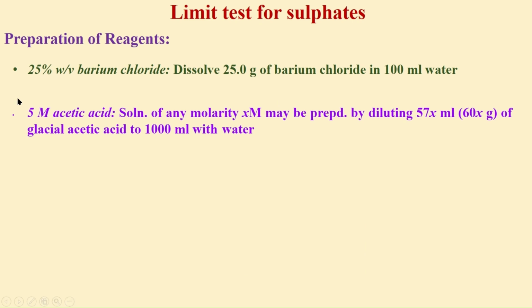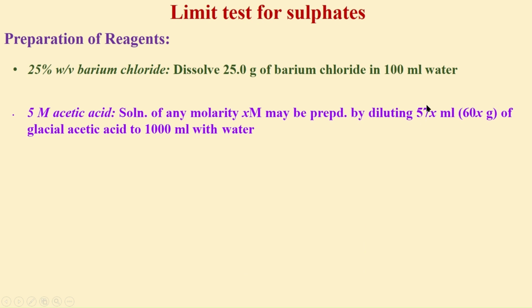How to prepare 5 molar acetic acid? Any molarity, X molar, of this compound can be prepared by diluting 57X, where X indicates the molarity required. Acetic acid molecular weight is 60 grams. As it is present in liquid form, we take the density into consideration. 60 grams of acetic acid is equivalent to 57 ml.